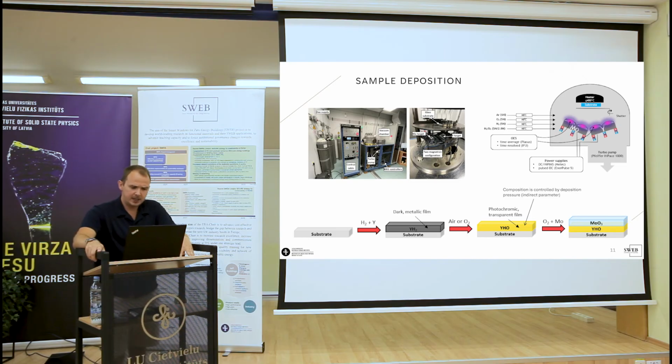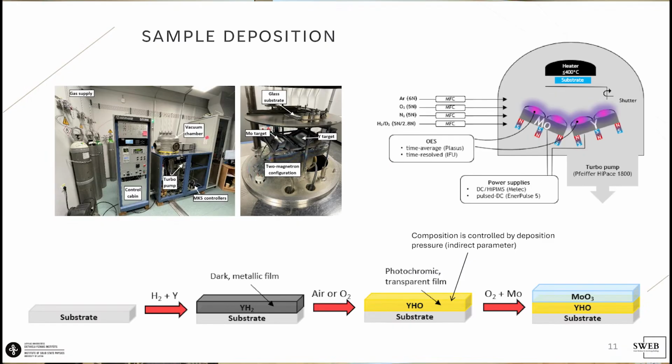This is the system we use to produce samples. This is a vacuum system equipped with magnetron sputtering, and you see there two magnetrons where the molybdenum target and yttrium target were placed. At the beginning, we produce yttrium dihydride.